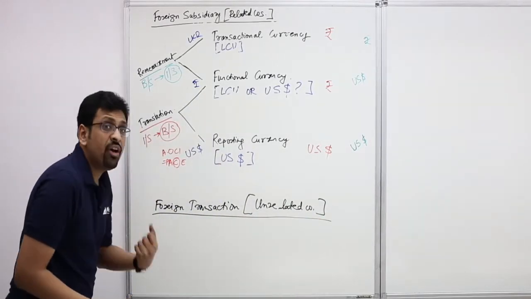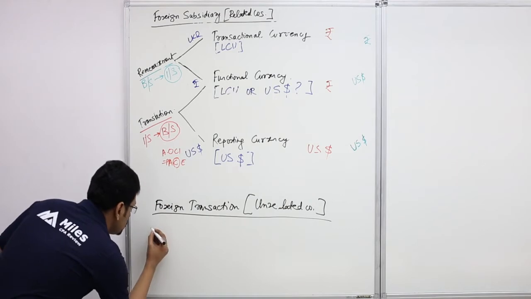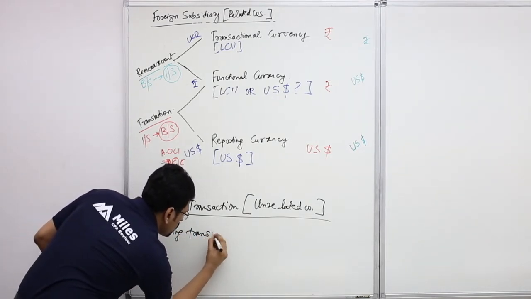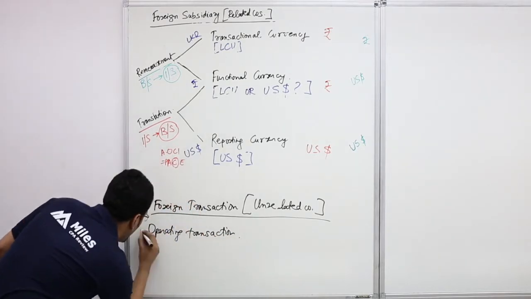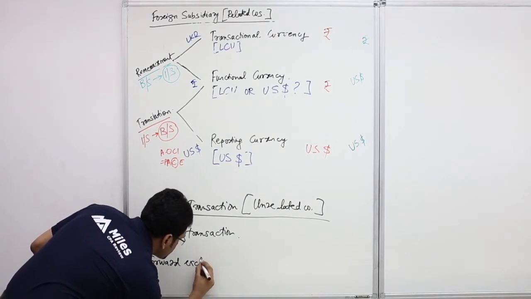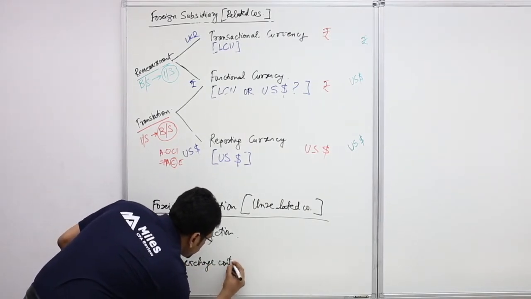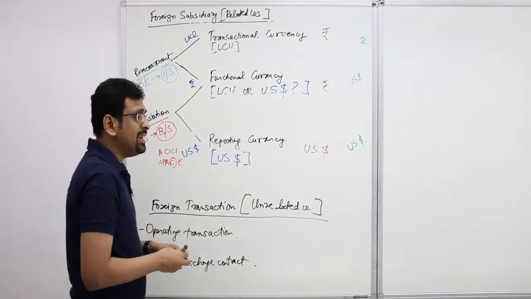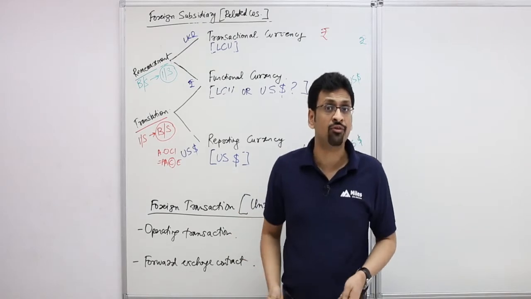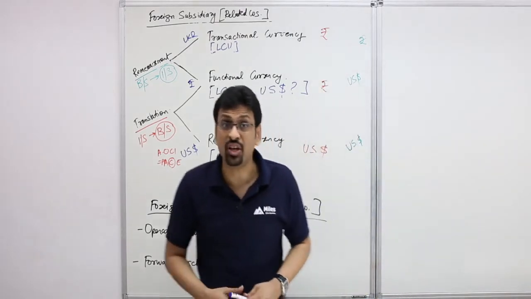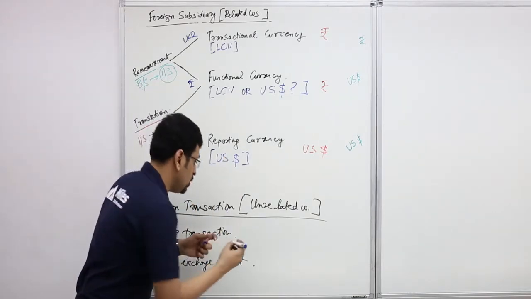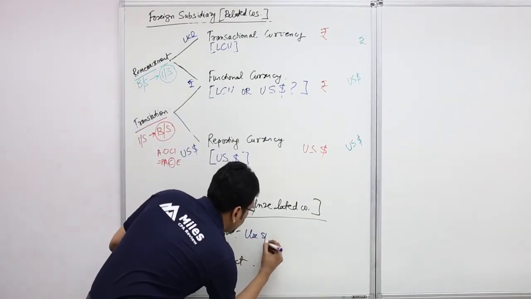Now here you could have an operating transaction or it could be a forward exchange contract. Now, operating transaction is when you're buying, selling, lending or investing in a foreign country. And for such operating transactions, we will use the spot rate of foreign currency exchange. So we'll use spot rate.